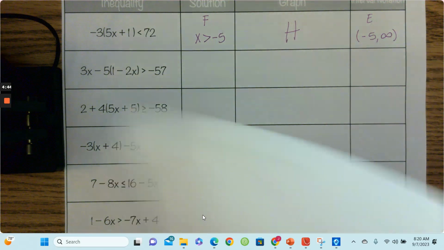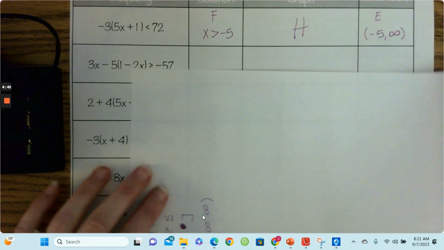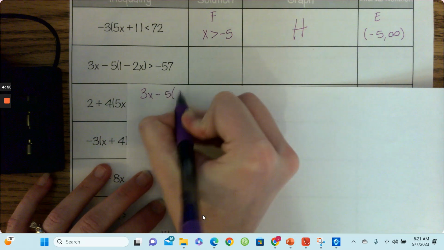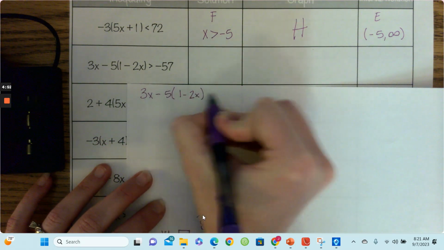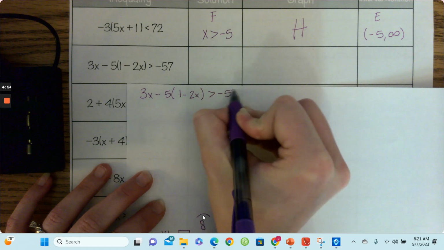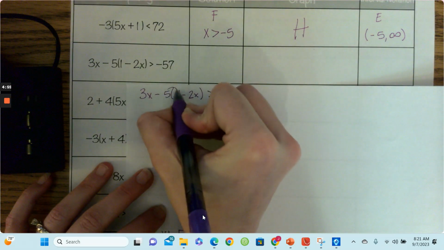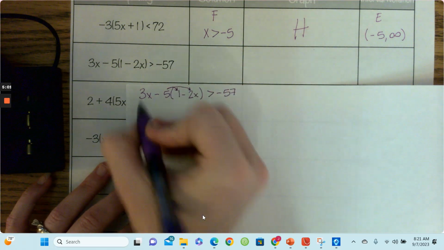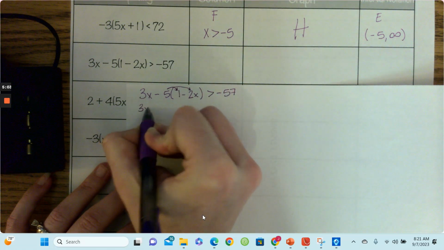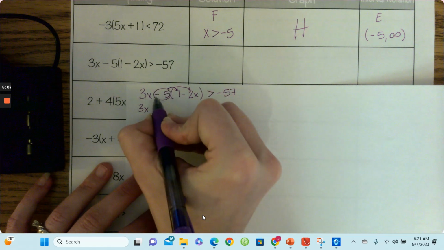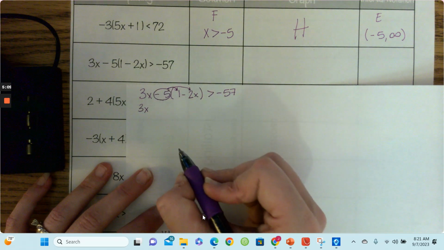All right, next one on there. So 3x minus 5 times 1 minus 2x is greater than -57. On this one we have no choice, we have to distribute. We didn't touch this 3x. When I distribute, I want to distribute this whole piece, that negative sign included.